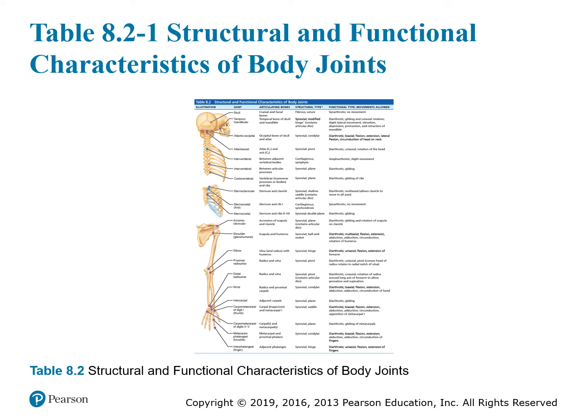The atlanto-occipital joint, which is between the atlas and the occiput, is a synovial joint, a condylar joint. This is a diarthrotic biaxial joint.